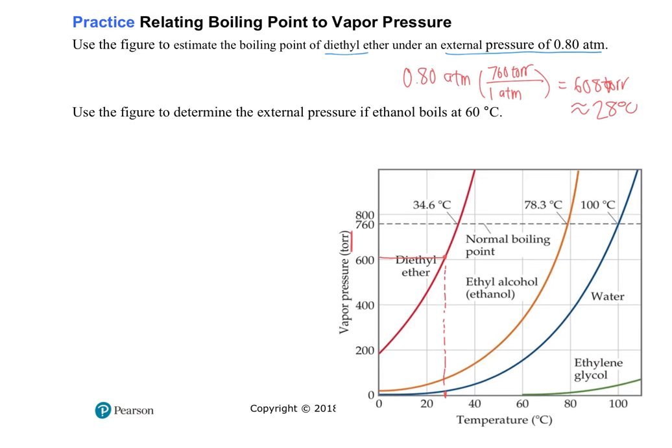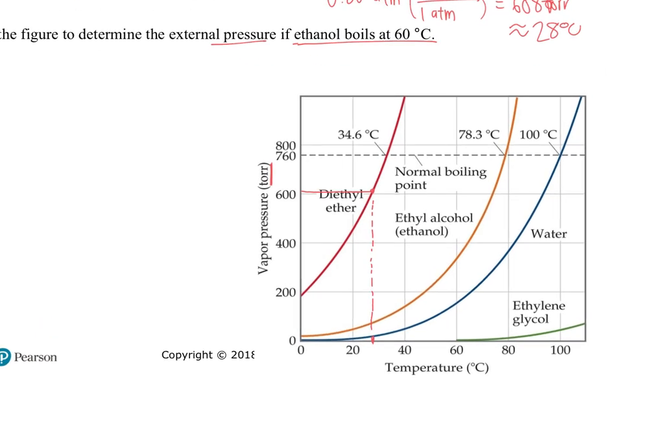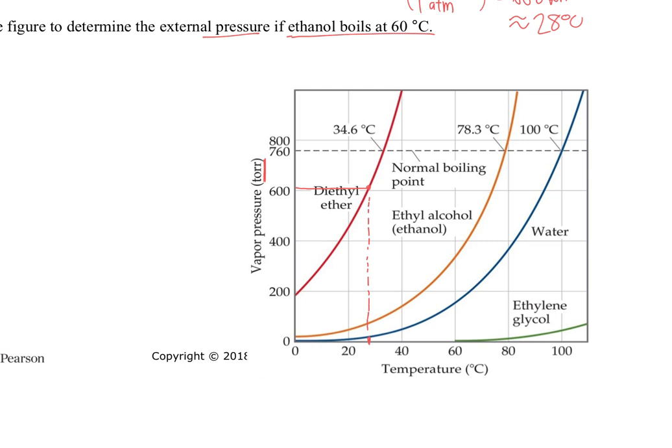And then we can also do the opposite way, where I want to find the pressure where ethanol boils at 60 degrees. So now I can take ethanol, which is this orange curve. I'm going to extrapolate from 60 degrees up to ethanol, and then over to the vapor pressure axis.